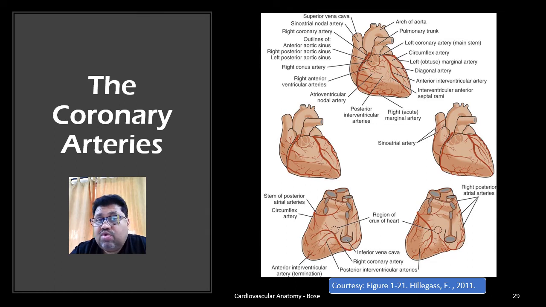The right coronary artery is the primary supply route for blood to the majority of the right ventricle and the inferior and posterior portions of the left ventricle. In addition, specialized conduction tissues within the right atrium, including the SA node and the AV node, receive blood supply by the right coronary artery.